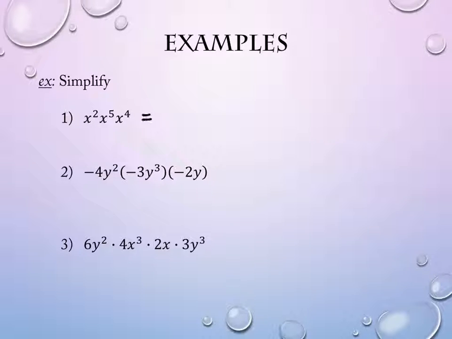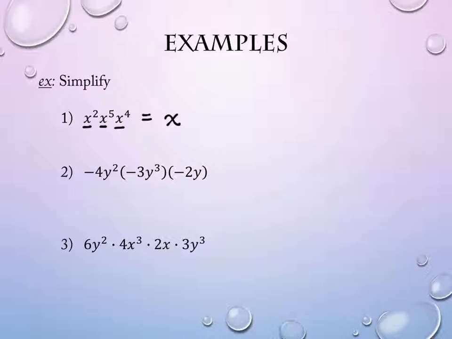Most of the cases are going to involve more than one rule at a time, not all of them. But if you're taking a look at this one, this is very similar to property number 1. There's just 3 terms instead of 2. But it can be extended to be 3 terms. This is no big deal. They all have the same base, right? All have base x. So my base will be x.